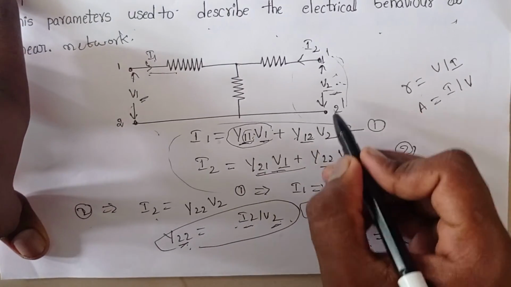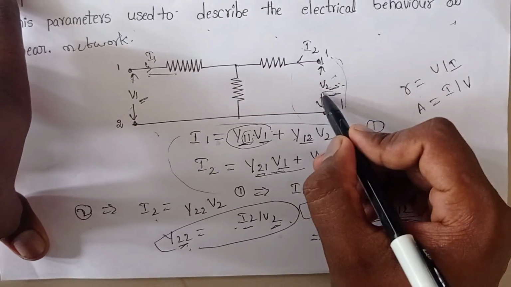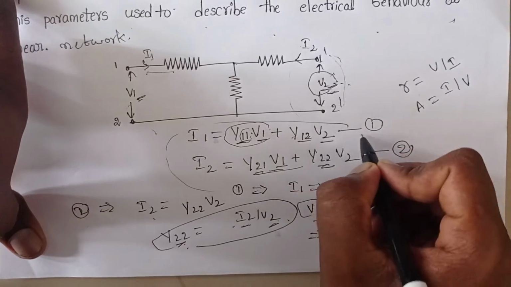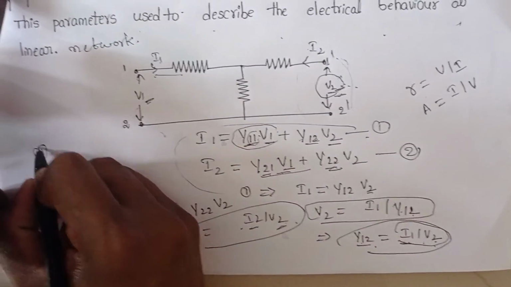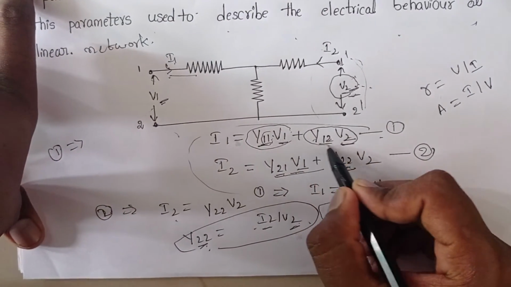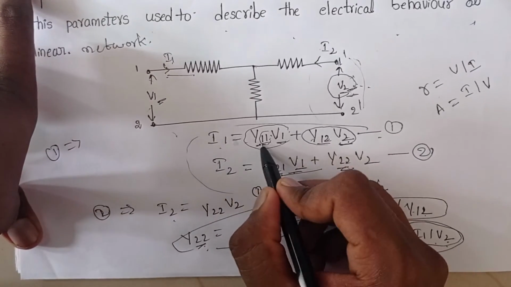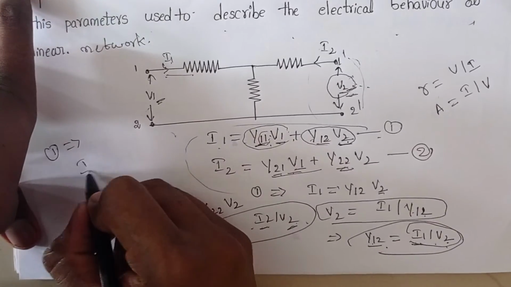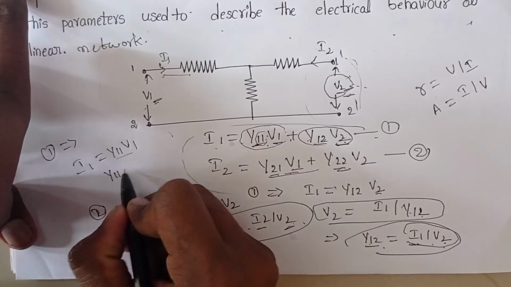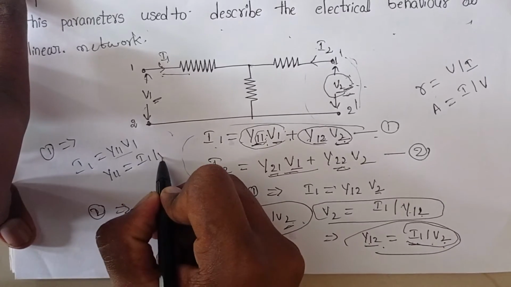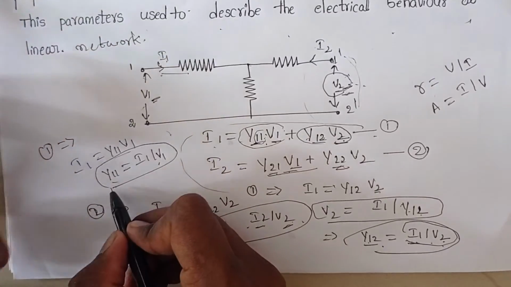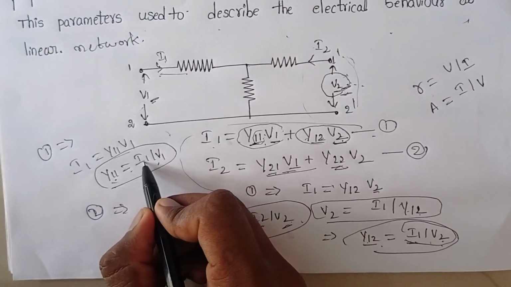Next, consider V2 equal to 0. Assume V2, that is the output voltage, equals 0. Then substitute the V2 value in equation number 1. If V2 equals 0, this entire term becomes 0. Then we get only I1 equal to Y11 V1. From this equation, Y11 equals I1 by V1.